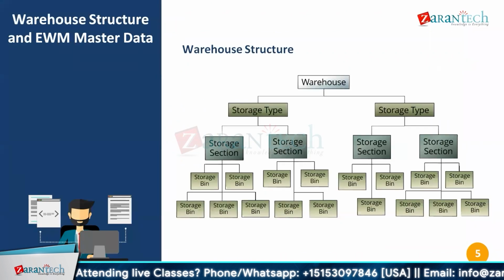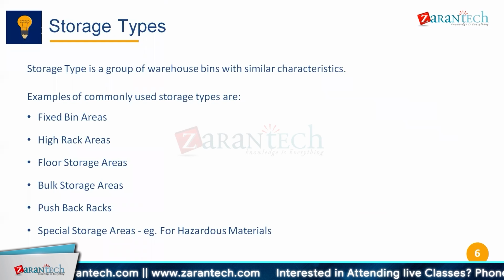Okay. So in warehouse, we have these structure elements. There are a few more to start with. In warehouse, we have storage types, then we have sections and bins. Storage type, basically you can imagine physically, is a room or different section, a different area of your warehousing complex. So you can have a storage type created with bins with similar characteristics.